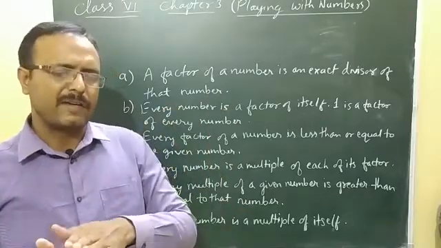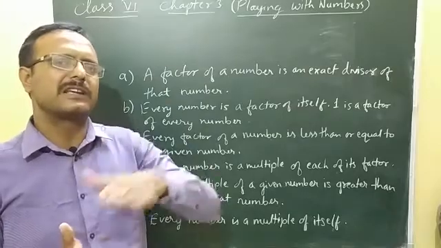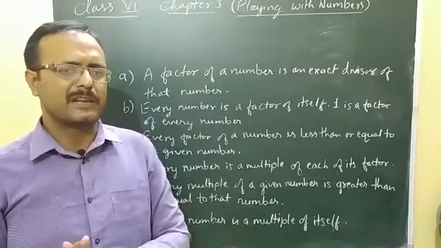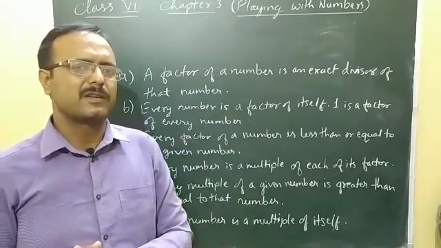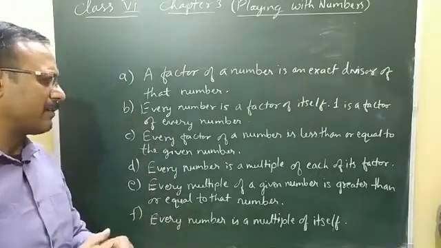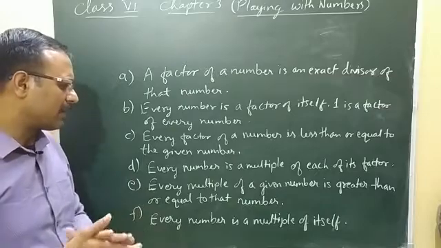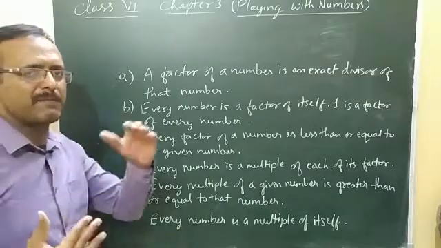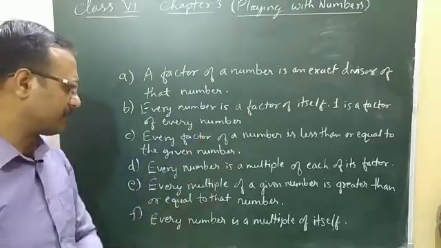The factors cannot be greater than the given number. So the greatest multiple will be the number itself. Every multiple of a given number is greater than or equal to the number. That means the multiple will be greater than its factor.